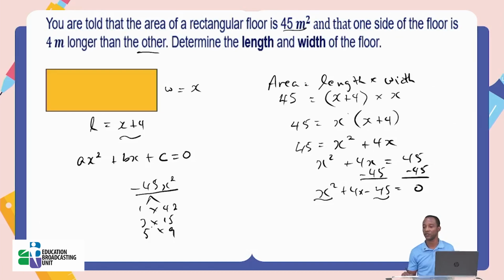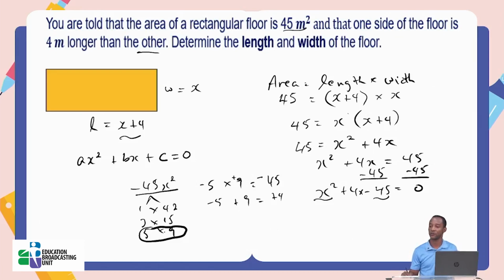Now, of course, this will be the pair that we're looking for, the 5 and the 9, because 5 times 9 gives us 45. Now, if we put the negative on the smaller term and the positive on the larger term, when you multiply these, you'll get negative 45. And when you add these, negative 5 plus positive 9, you'll get positive 4.